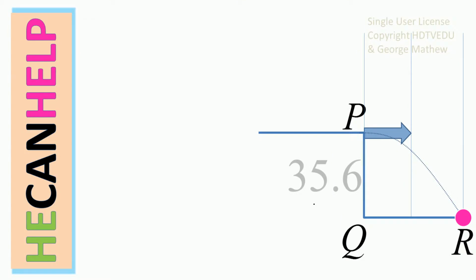We are given the vertical displacement. All right, so we put our origin at point P. Vertical displacement is change in y, and that is y final minus y initial.